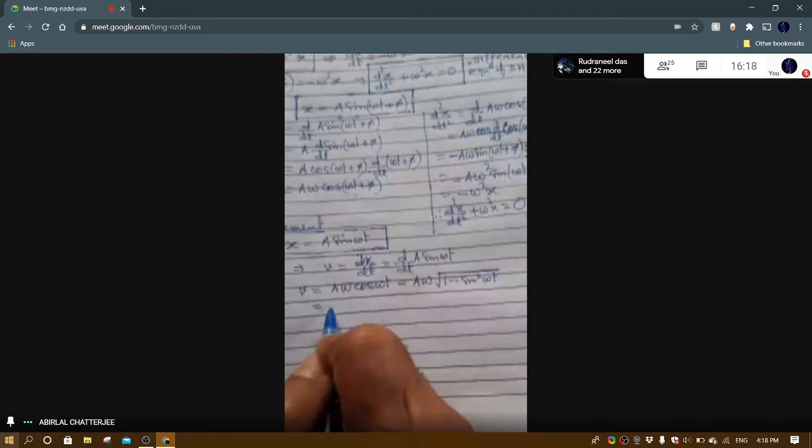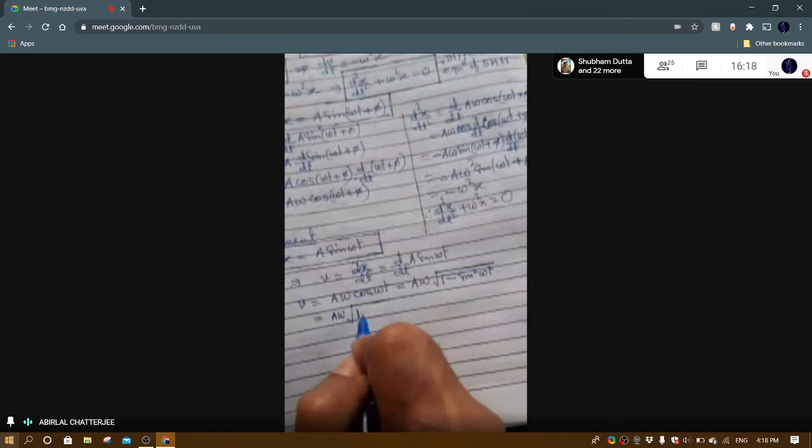x equals a sin omega t. So sin omega t will be what? x by a. Then my replacement is done. Isn't it? So a omega root over of 1 minus x square by a square. Is it okay? Anyone doubt?